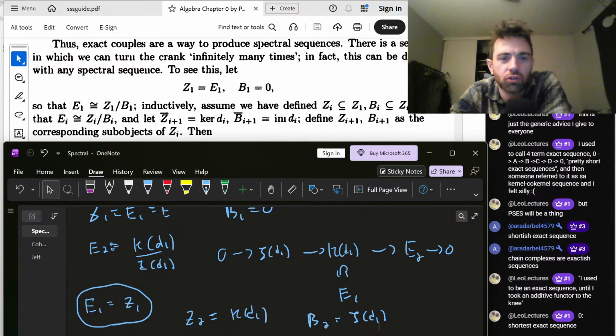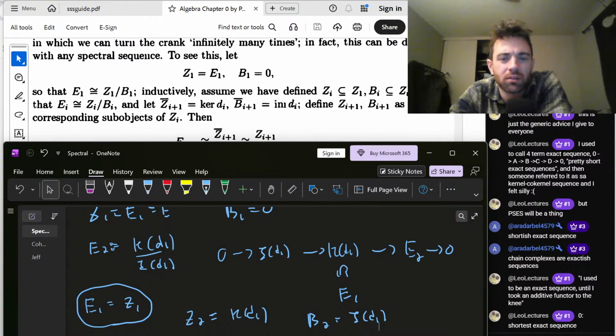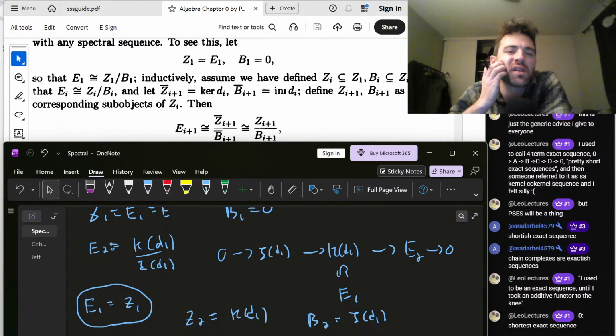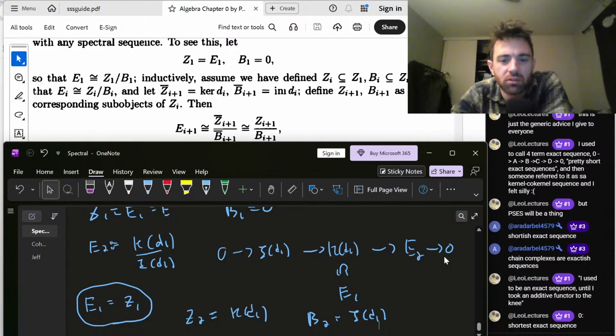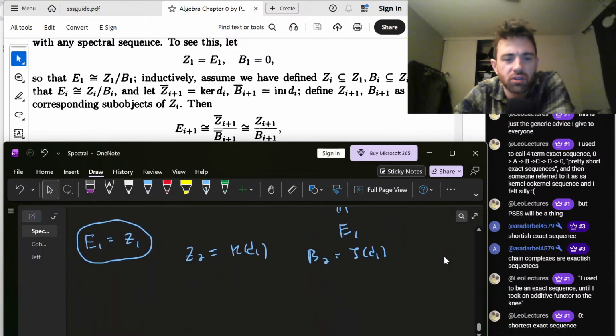Yeah, so that should work. I guess maybe the next step is where things get trickier.